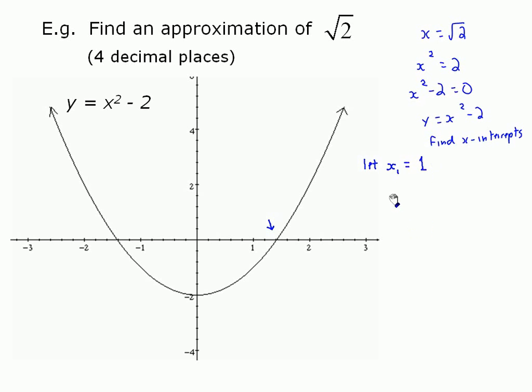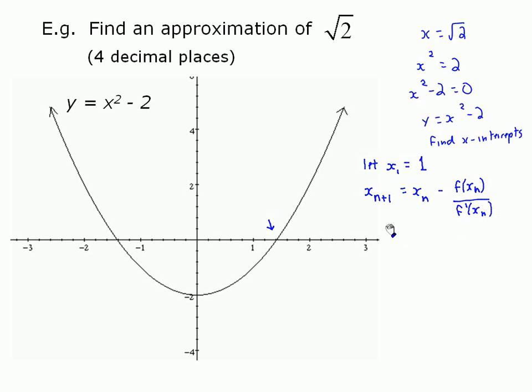And so we go into the general formula. The next approximation, xn plus 1, is equal to xn minus f at xn divided by f prime at xn.